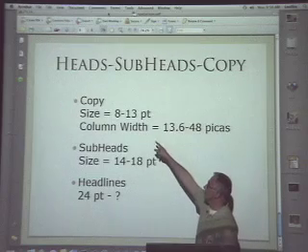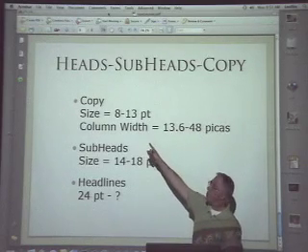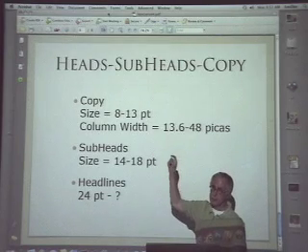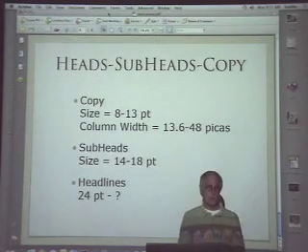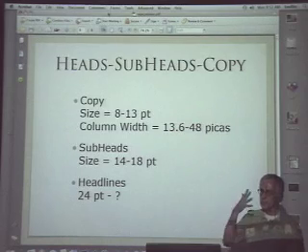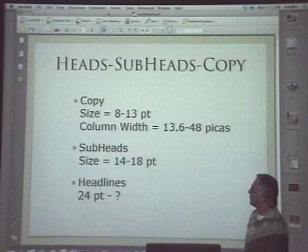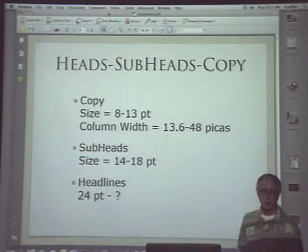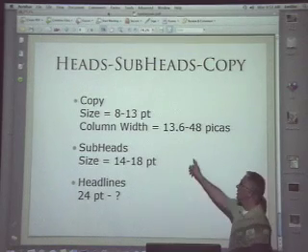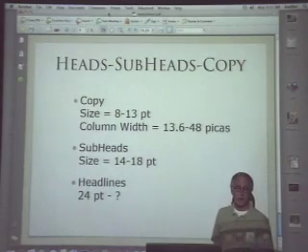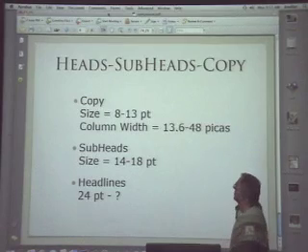Copy typically starts at around 8-point and goes up to 13. And 13-point is large. That's like the Reader's Digest, or people like myself who can't see real well. The big type. Column widths for copy start at around 13.5 picas.